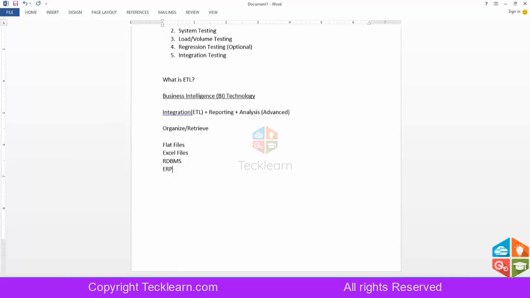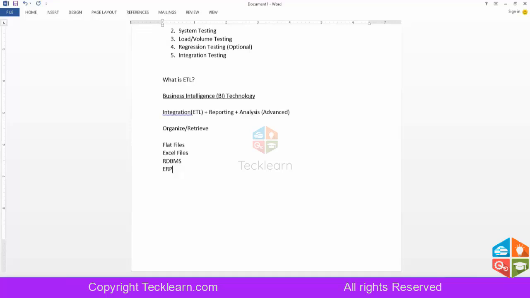But is it possible to have data collected only at one point? No, it is not possible in a practical scenario. In practical business solutioning, it is not possible to collect all of your data into one single source. Data is at different places.